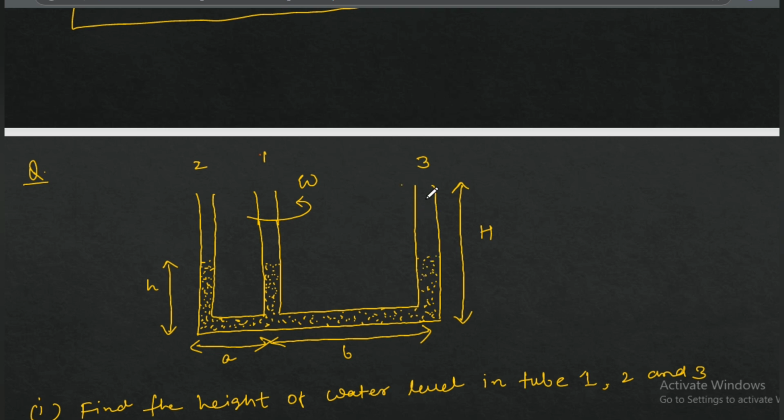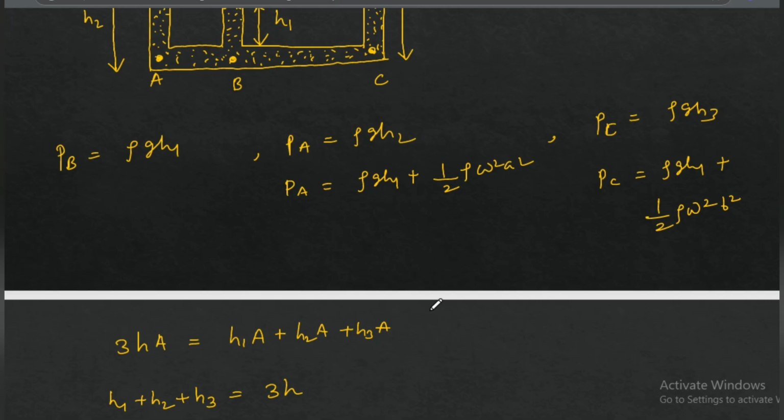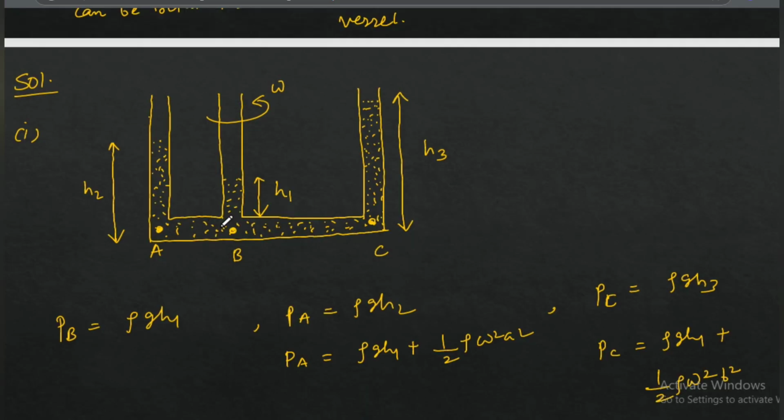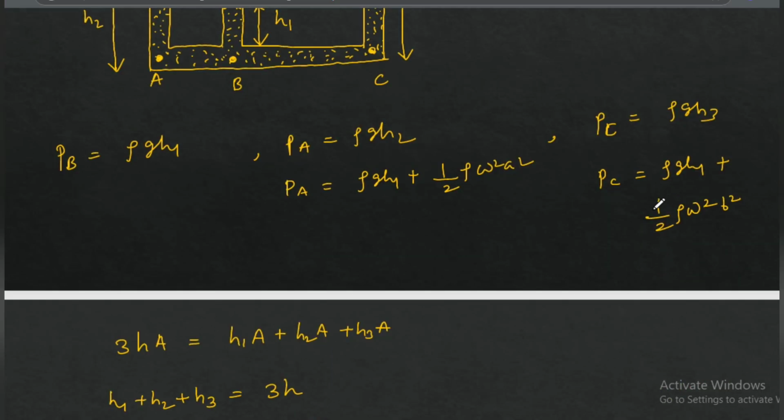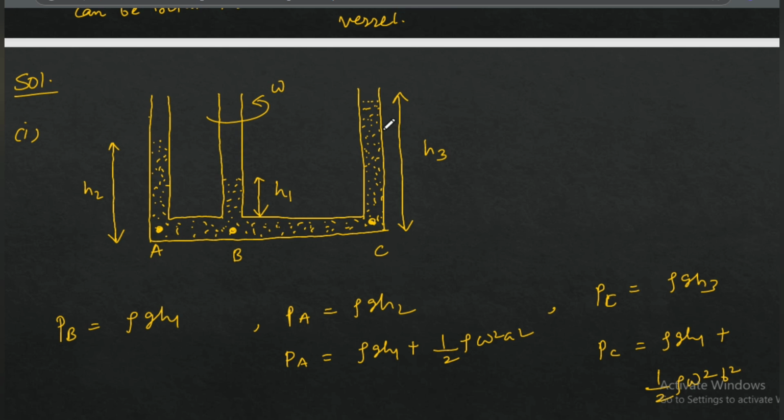But in the third tube, the water level will increase faster, higher than in tube 2, because the pressure here is larger. This distance is large, so the pressure half rho omega square b square is larger, since b square is large compared to a. So the height should be larger as well to compensate for this pressure.